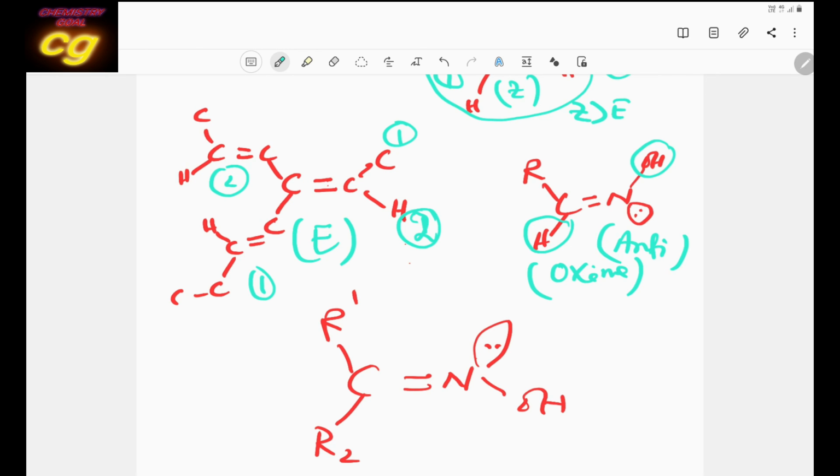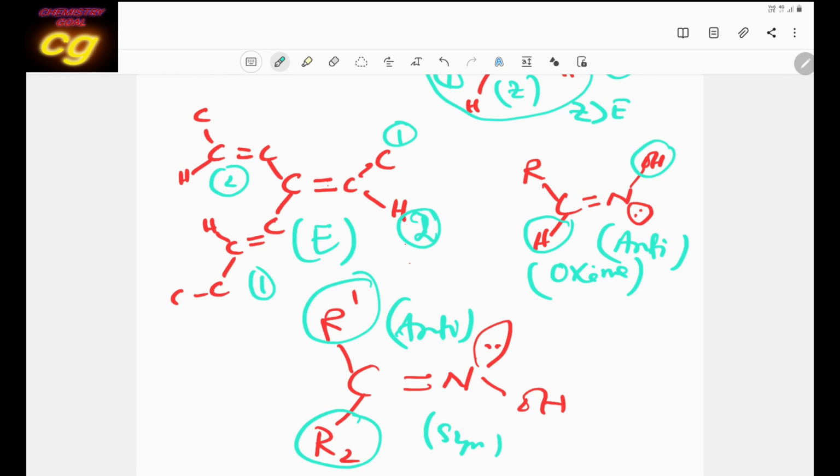Here if you consider an alkyl group R1, across R1 and OH group is opposite. So taking R1 and OH arrangement, that is anti, and R2 and OH arrangement is syn. So this is your syn across R2 and OH. Taking R2 and OH, and taking R1 and OH, that is anti. So this is the arrangement.